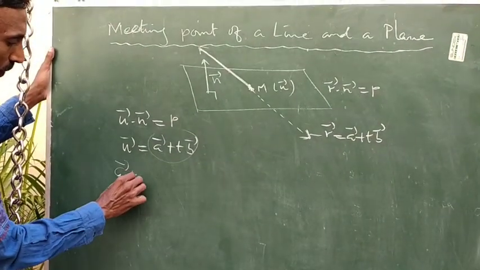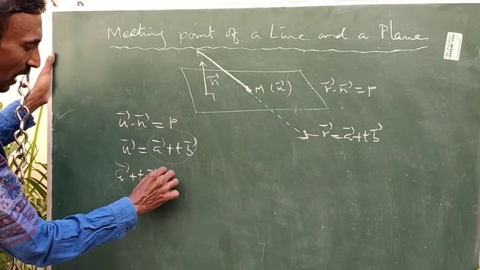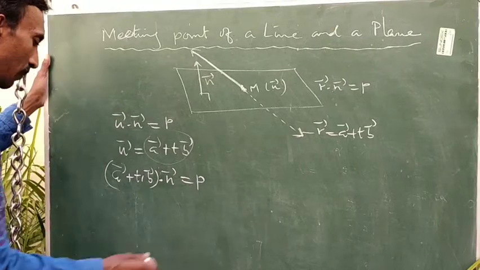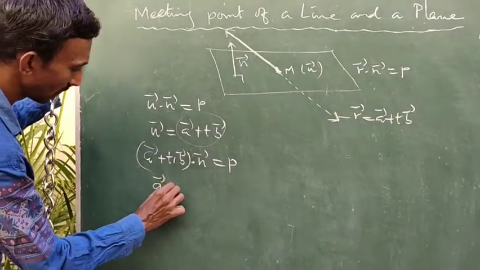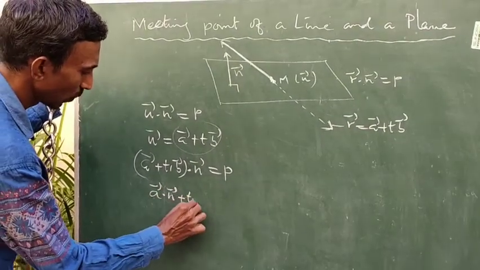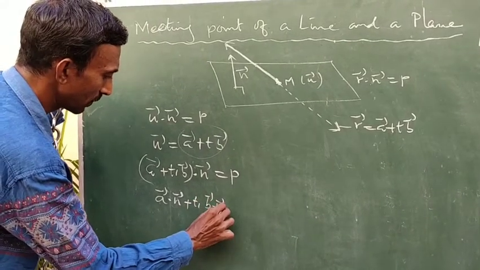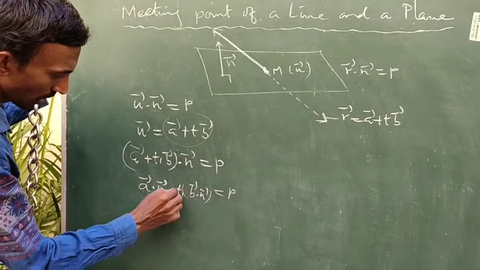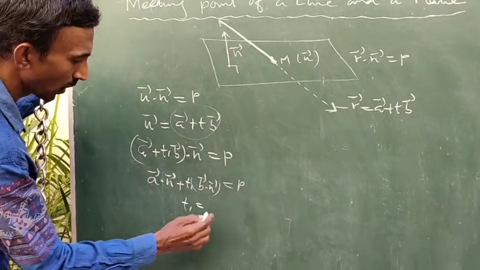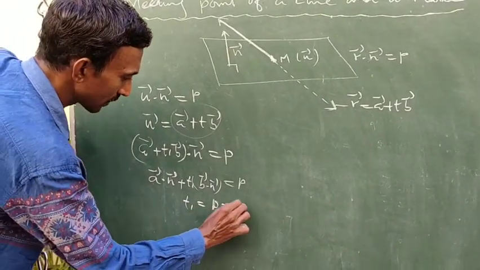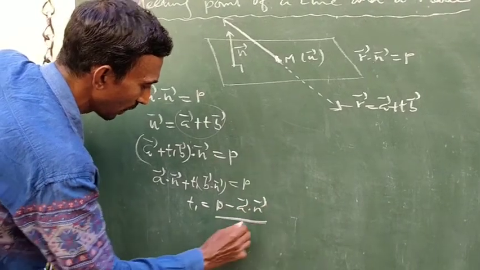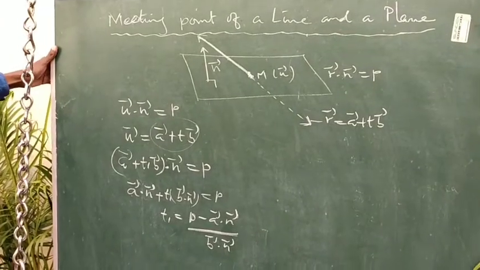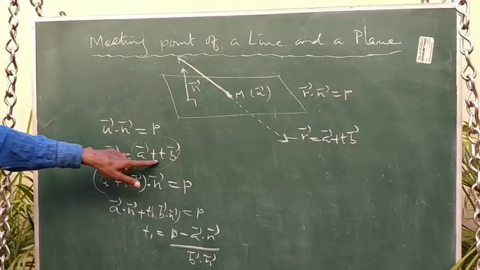So (a vector plus t1 b vector) dot n vector equal to p. So a dot n plus t1 into b dot n equal to p. Rearranging that we are getting t1 equal to (p minus a vector dot n vector) by (b vector dot n vector).